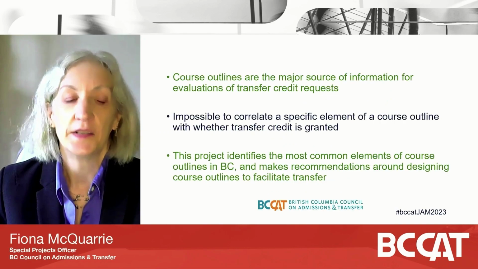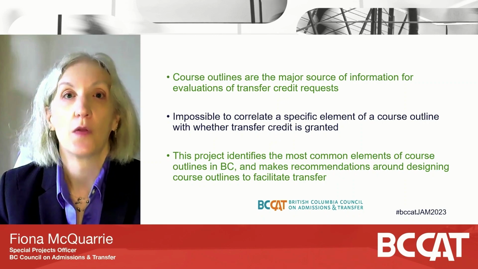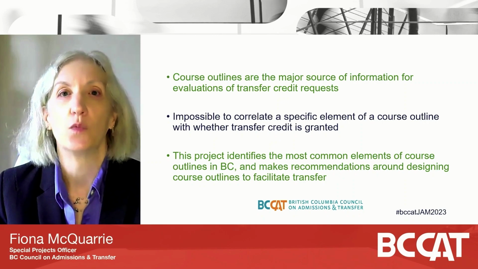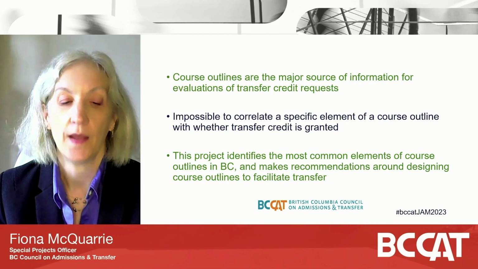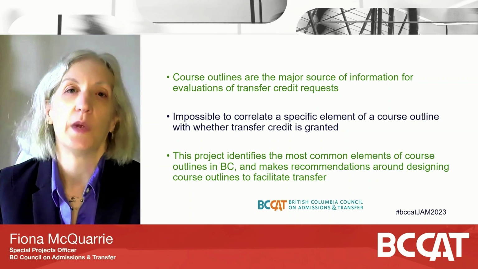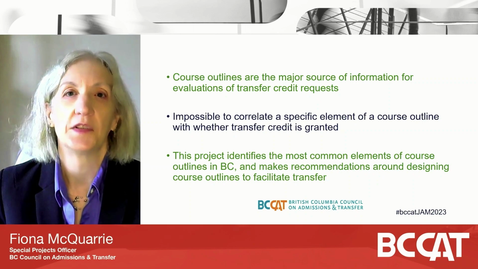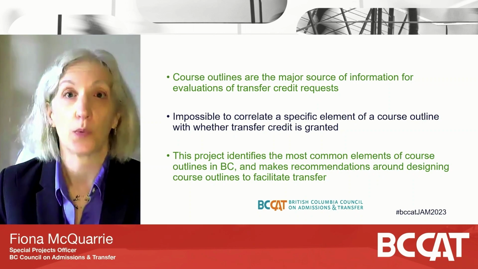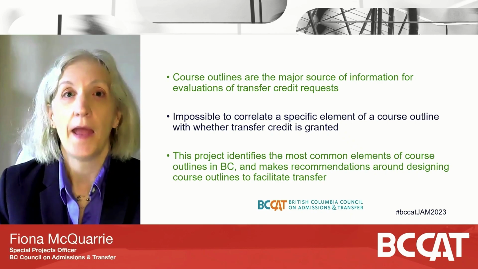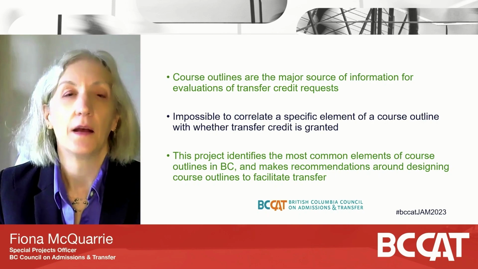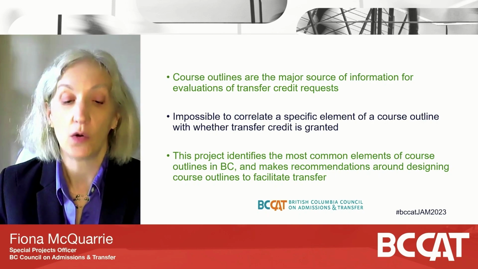So course outlines in the BC transfer system are the major source of information when a request for transfer credit is sent for evaluation. Evaluators use the information in the course outline to assess the equivalency of the course or the program with the offerings at their own institution. And to some extent, that assessment by the evaluator is always subjective.